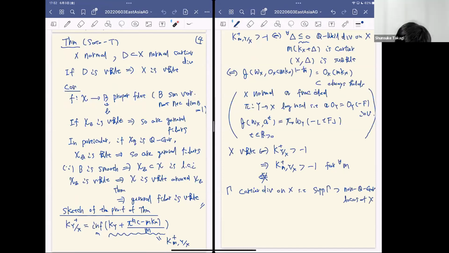Then we can prove X is variative KLT if and only if there exists a small positive number epsilon such that k plus m minus the product of epsilon and this divisor is greater than -1 for any m.